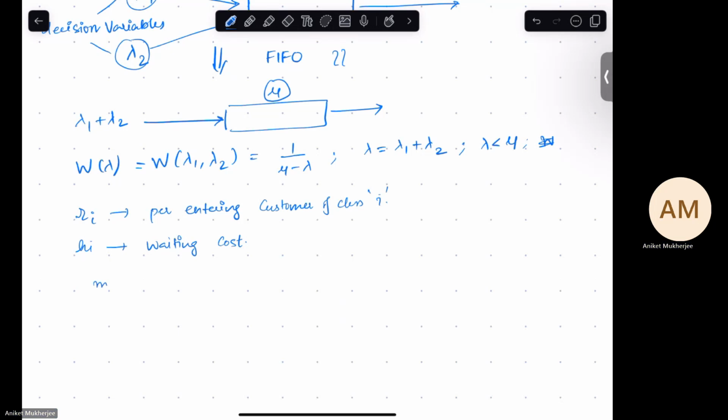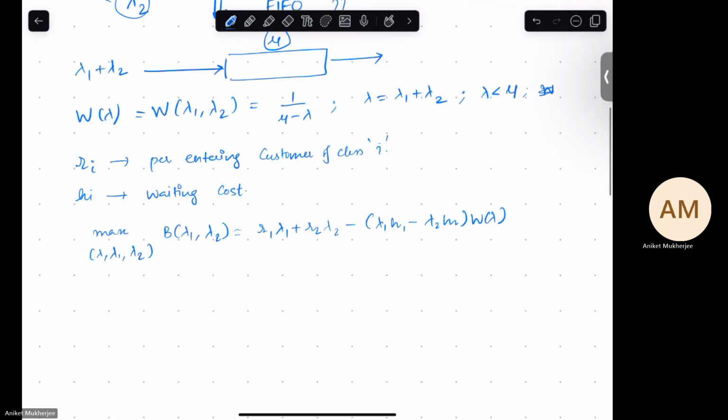So you have the max over lambda, lambda 1, lambda 2 of B(lambda 1, lambda 2) equal to R1 lambda 1 plus R2 lambda 2 minus (lambda 1 H1 plus lambda 2 H2) W(lambda). But you have a constraint here: lambda 1 plus lambda 2 is equal to lambda, and both lambda 1 and lambda 2 are greater than or equal to 0.